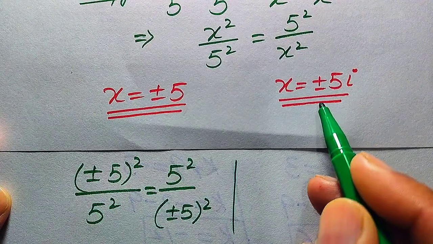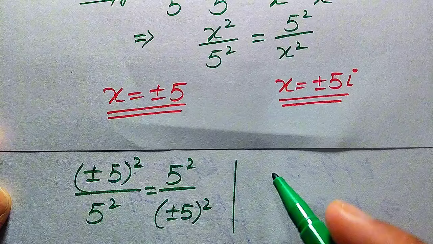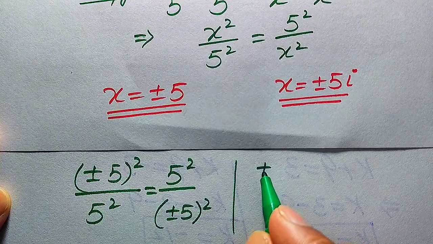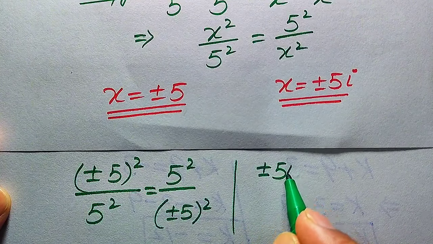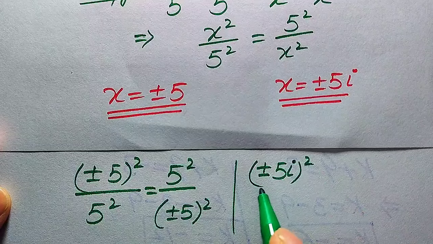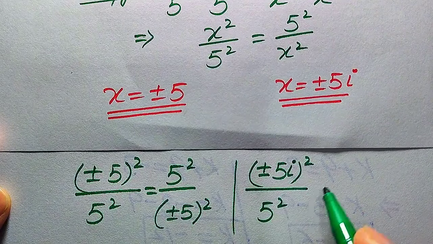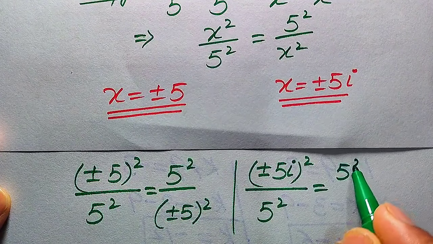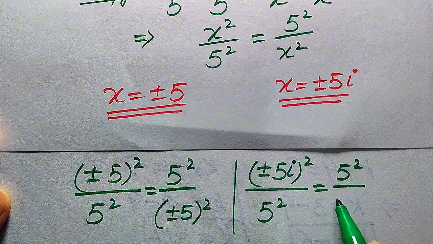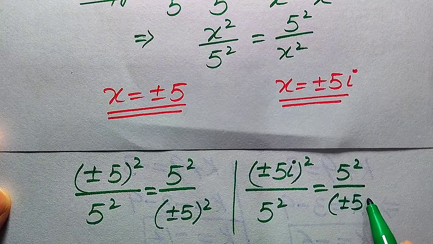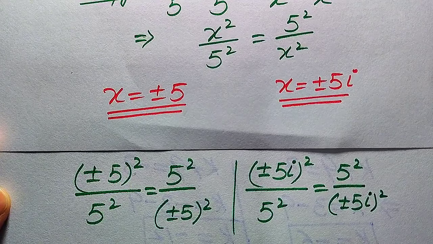And similarly we substitute this value into the given question statement, and it will be written as plus minus 5 iota square divided by 5 square equals 5 square divided by plus minus 5 iota whole square.